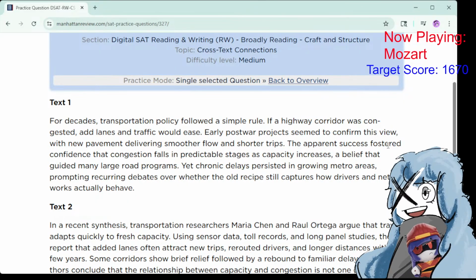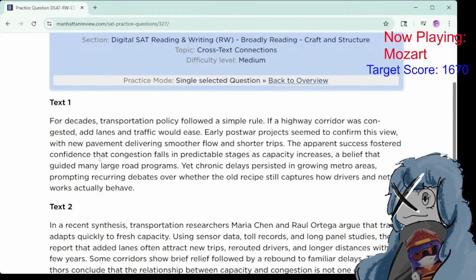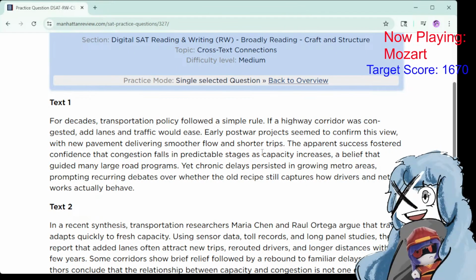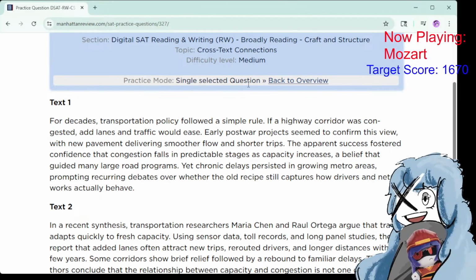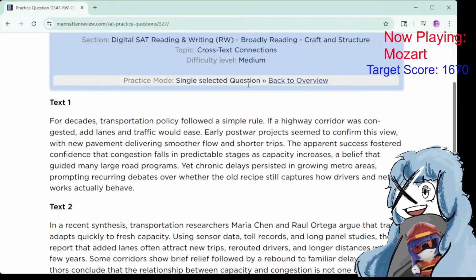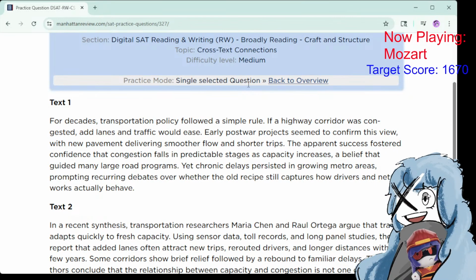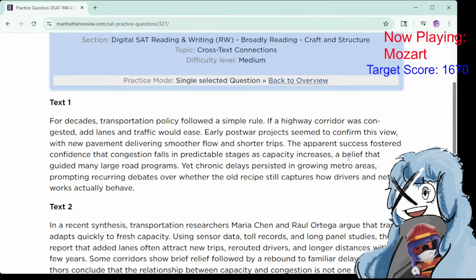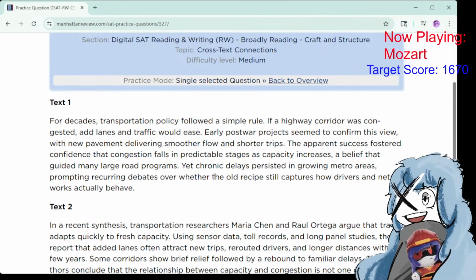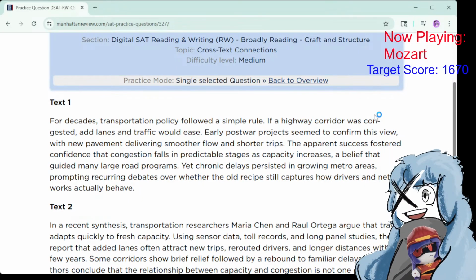The apparent success fostered confidence that congestion falls in predictable stages as capacity increases, a belief that guided many large road programs. Yet chronic delays persisted in growing metro areas, prompting recurring debates over whether the old recipe still captures how drivers and networks actually behave.